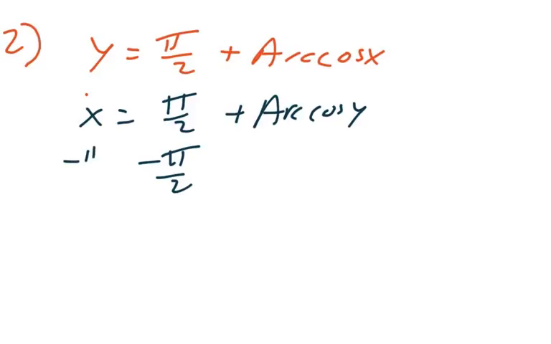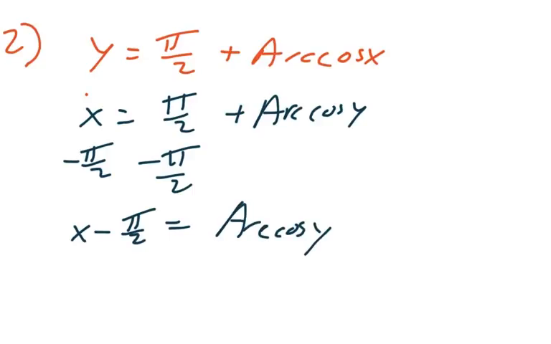Subtract pi over 2. X minus pi over 2 equals arc cosine y. Now to get rid of the arc cosine, we are going to put the cosine on both sides. So the x minus pi over 2 has to be in parentheses, equals y.